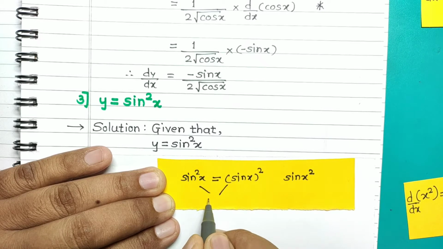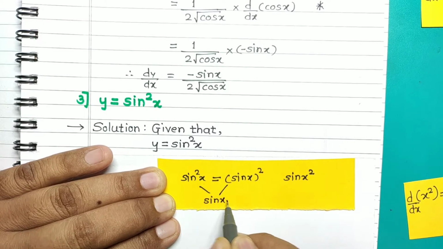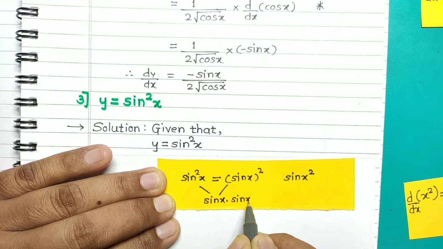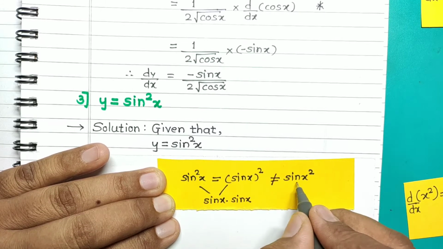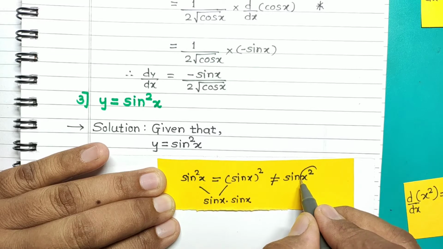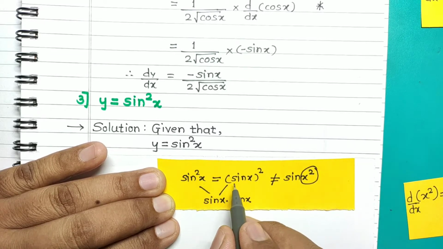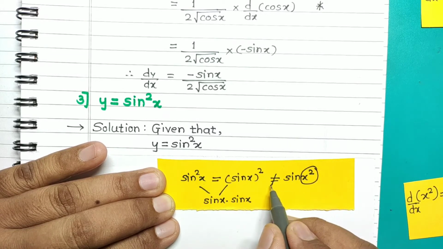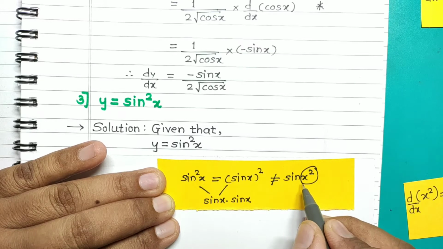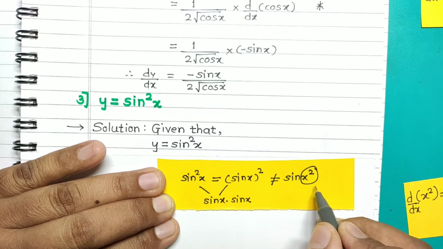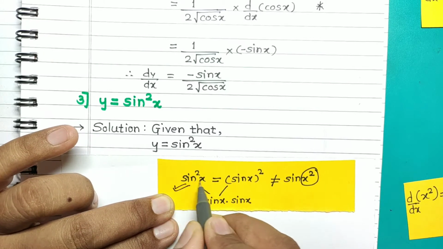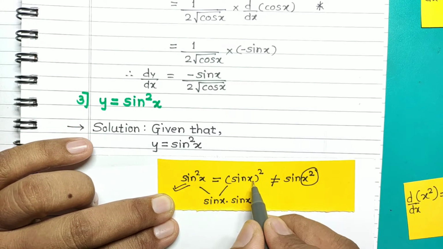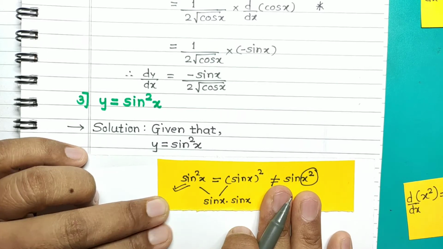Both these terms represent the product sin x into sin x, but this term is different. This is the square of angle. So (sin x) bracket square is not equal to sin of x square. Okay, so here we observe that sin square x is nothing but (sin x) bracket square.